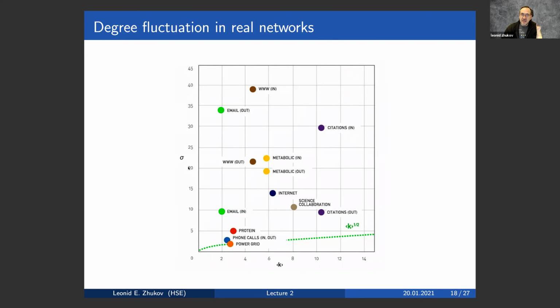And on the y-axis, because it's a graph, and we actually have these experimental graphs, they do exist, we can actually just take and calculate sigmas, because sigma is defined as average K squared minus K average squared. So we can actually calculate it.